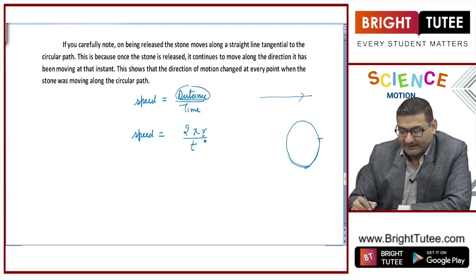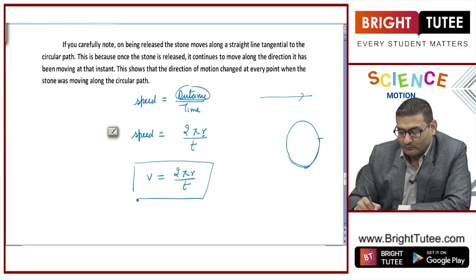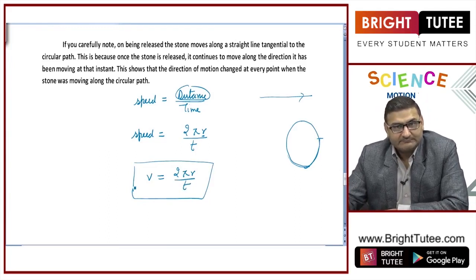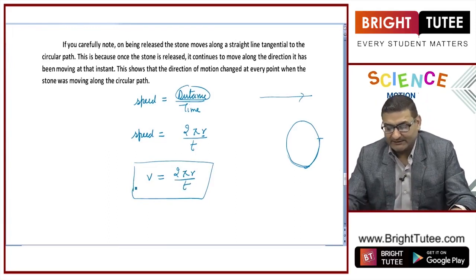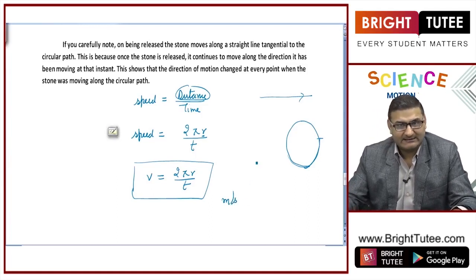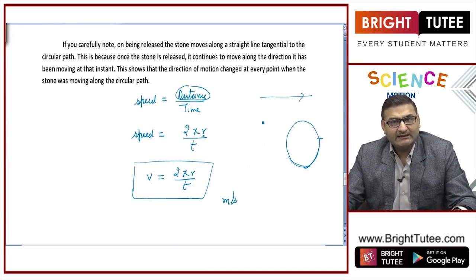So, when we calculate speed or velocity of an object in a circular motion, we calculate it with the formula 2 pi r upon t. Got it? Fine. The unit remains, of course, the same. The SI unit is meter per second, as it is of speed and velocity, and the bigger units may be kilometer per hour.